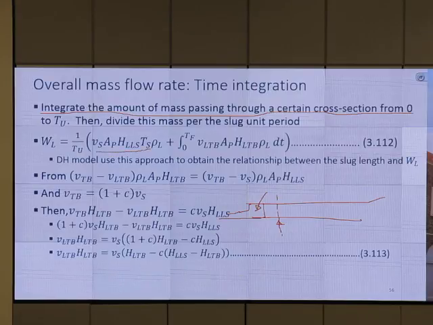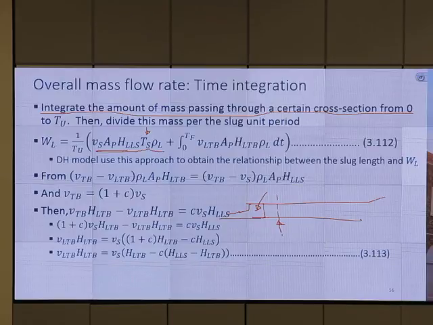Volume that passes will be velocity multiplied by cross-section area. Velocity is Vs, cross-section area is AP HLS, right? This times this gives me mass per unit time. Area multiplied by V becomes volumetric flow rate. Volumetric flow rate multiplied by density becomes mass flow rate. If I want to know the amount of mass, I use mass flow rate multiplied by time, Ts.